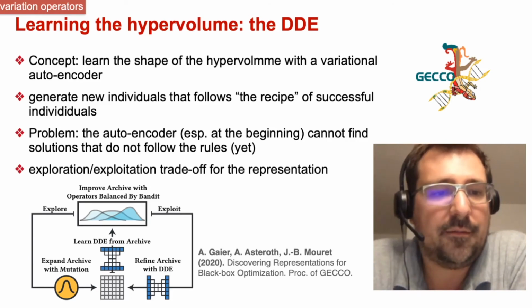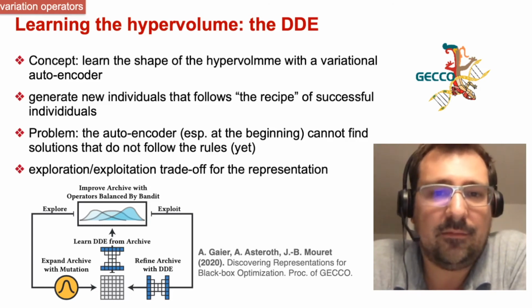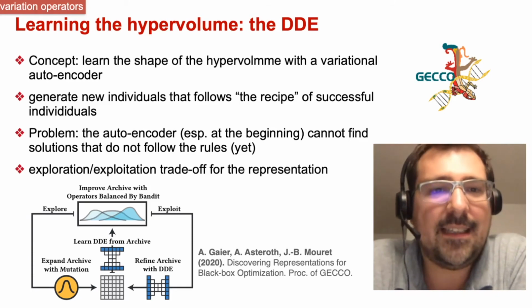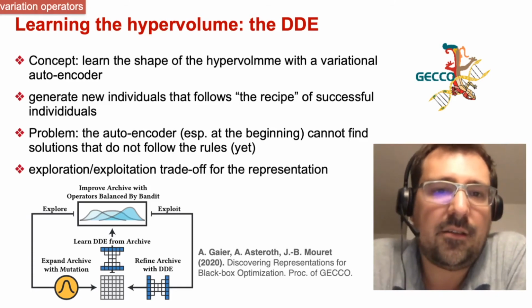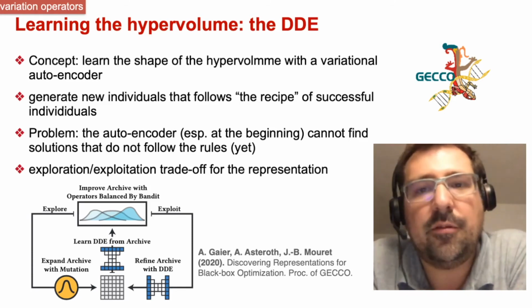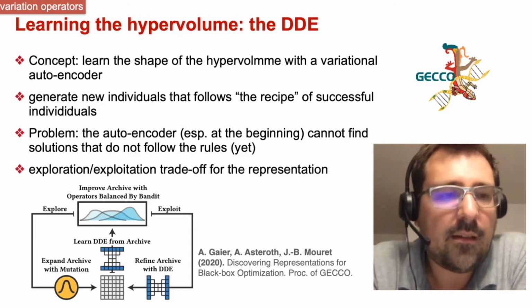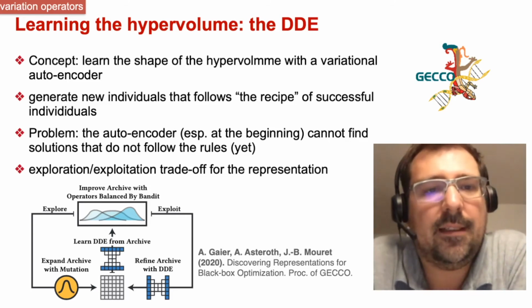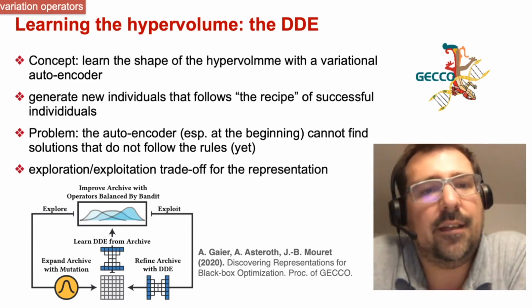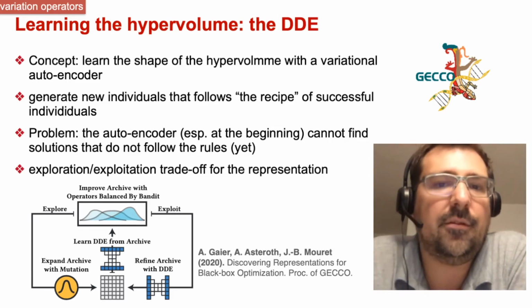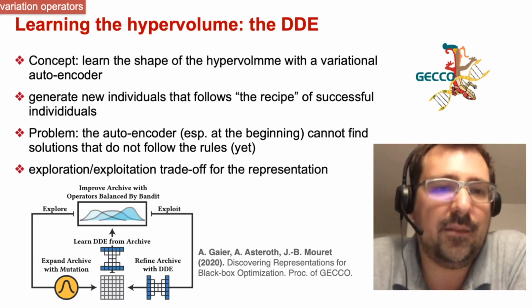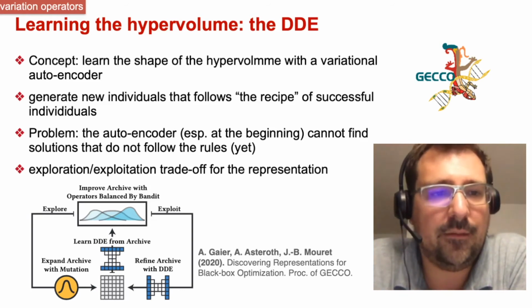Of course, as you've seen, the hypervolume is not like a nice Gaussian. It's not easy to model. One modern way of modeling this complex distribution is to use a variational autoencoder. The variational autoencoder looks at the map, tries to learn the distribution, and then you can generate new individuals that follow the same recipe, that are in the same distribution. So the recipe of successful individuals.